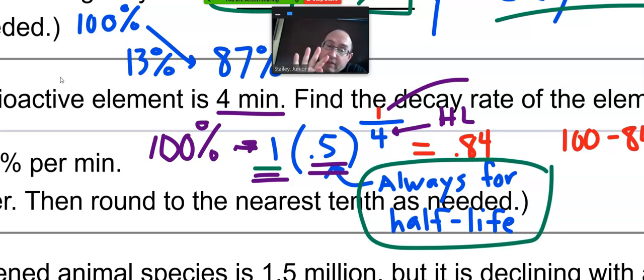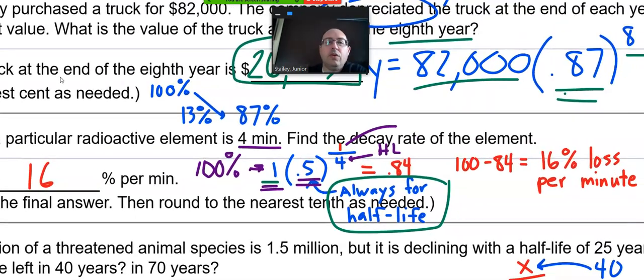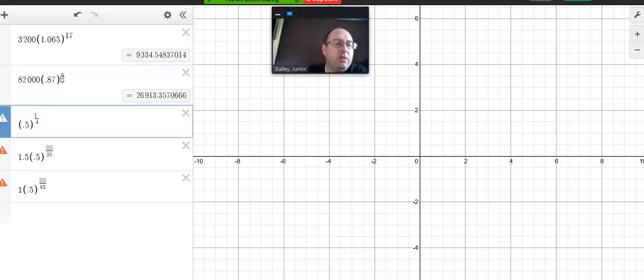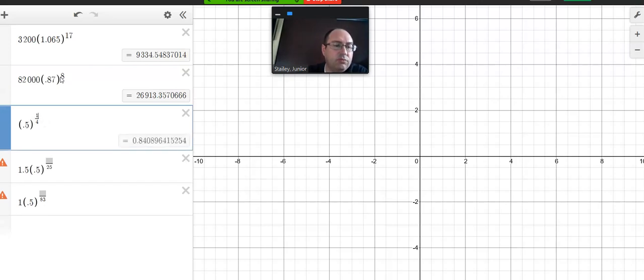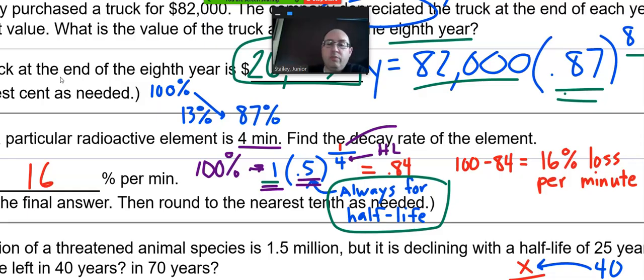I know in 4 minutes I'm going to lose 50%, but how much am I losing in 1 minute? Now, you go to Desmos, you come in here, and you type a 1, right? Look at what it says. We're down to 84%. We started at 100%, now we're down to 84%. So how much did we lose? We lost 16% in 1 minute.